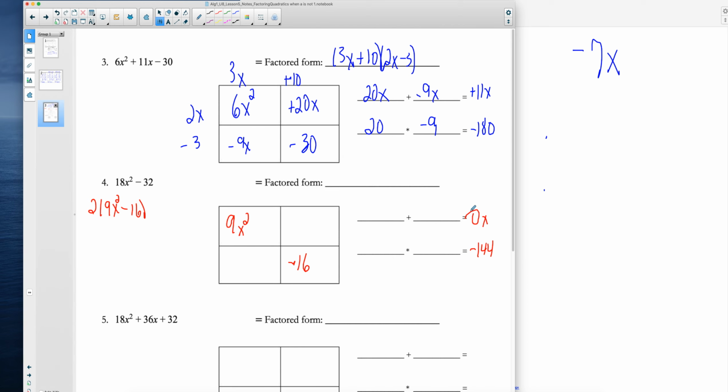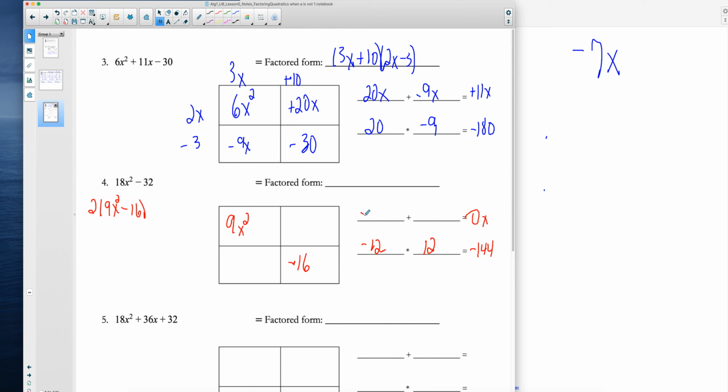Anytime we have a 0x here, it's somewhat easier, because instead of looking at all the possible choices that multiply to be 144, there's only one that will get us to 0, and it has to be a perfect square. So 6 times negative 6, 5 times negative 5, those are perfect squares. The perfect square for 144 would be negative 12 and positive 12.